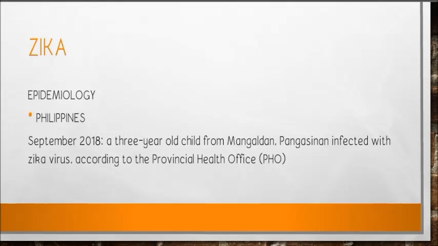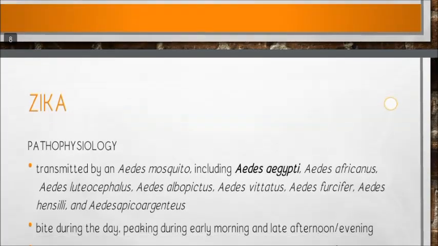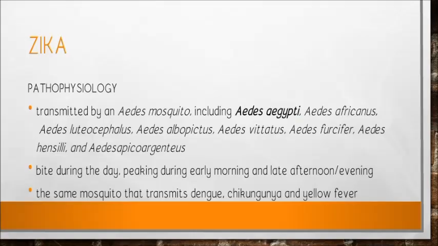But what's alarming to the PHO is, what if a mosquito infected by Zika virus bites a pregnant woman? It may not result in anything good, because if it's a severe infection, the fetus or the baby will have a defect when it is born.